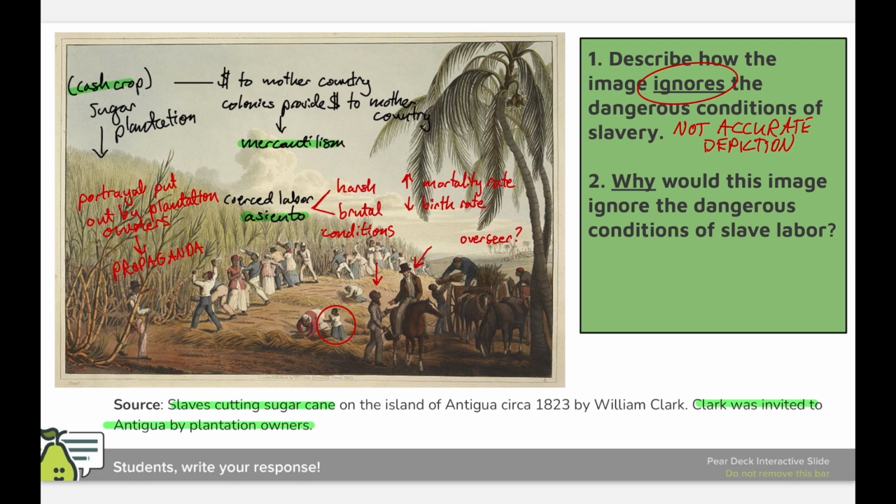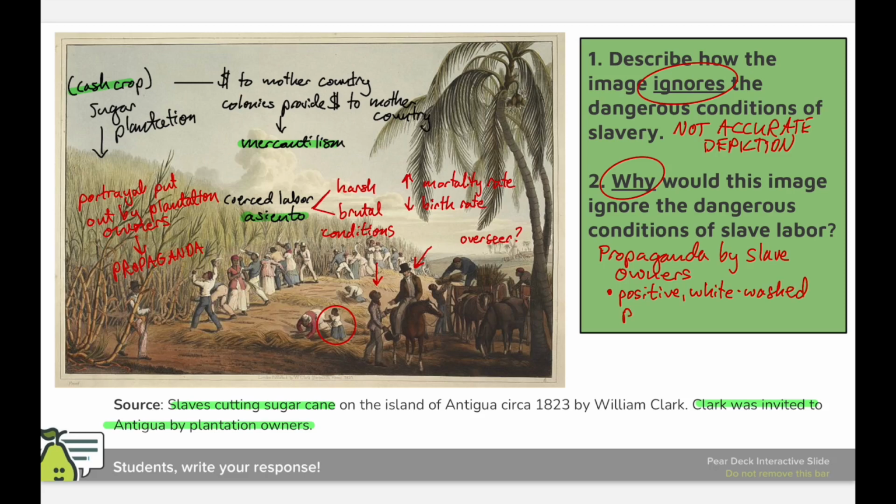And that's the point of the plantation owners commissioning this painting to be created in the first place, because it is propaganda. We know historically, we have the historical facts on our side, that there were brutal and inhumane conditions of slavery, an extremely high death rate, long hours, very little food, the idea of being owned as property rather than being your own individual, not even to mention the kidnapping of these populations from Africa in the first place, right?